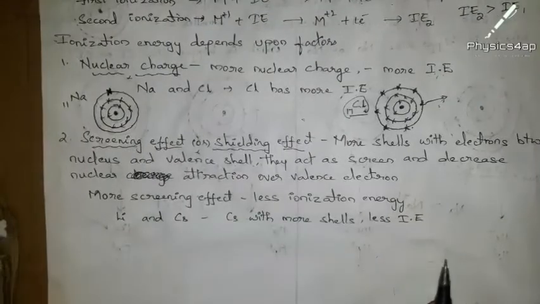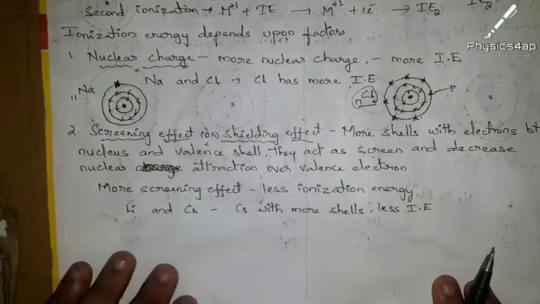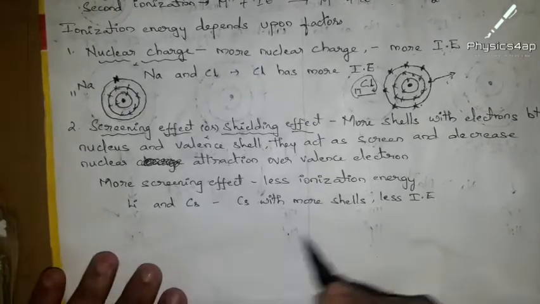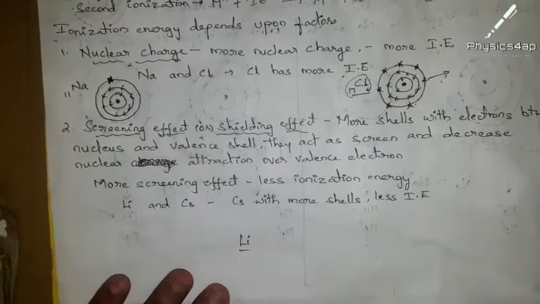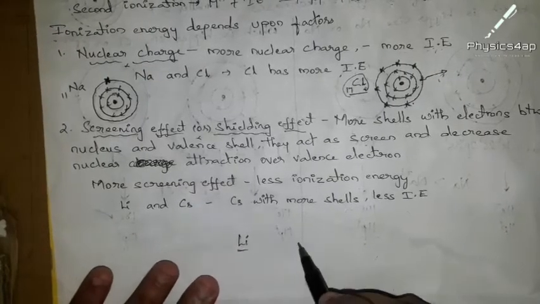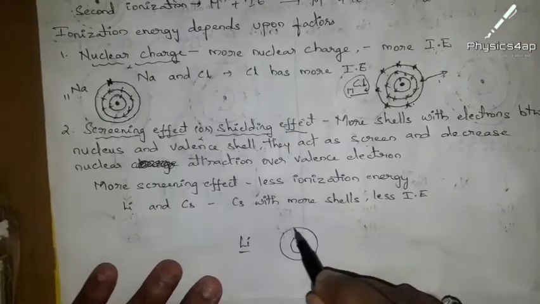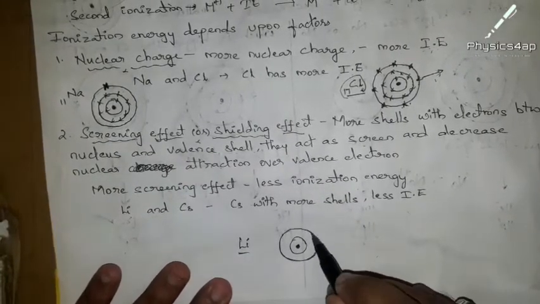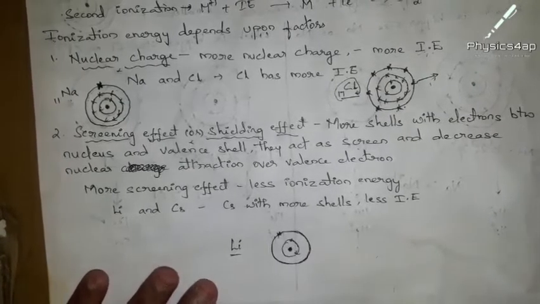For example, if I take lithium, it has only 2 shells in its atom, 1 and 2.